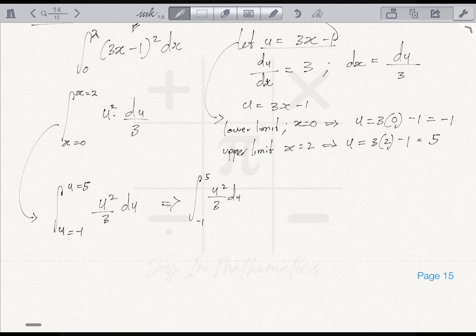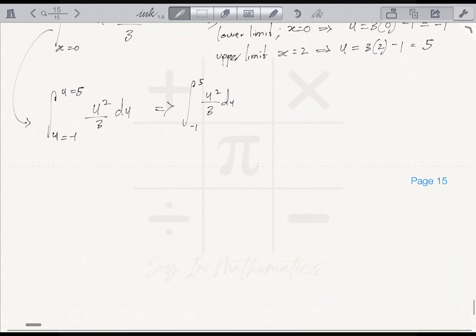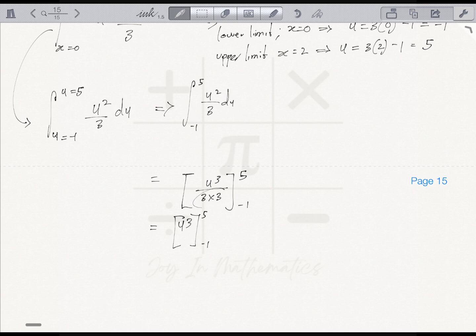Let's integrate it straight away. We have u raised to power 3 divided by 3 times 3, from lower limit of minus 1 to upper limit of 5. So this is u cubed from minus 1 to 5, and we bring the constant out, 1 over 9.